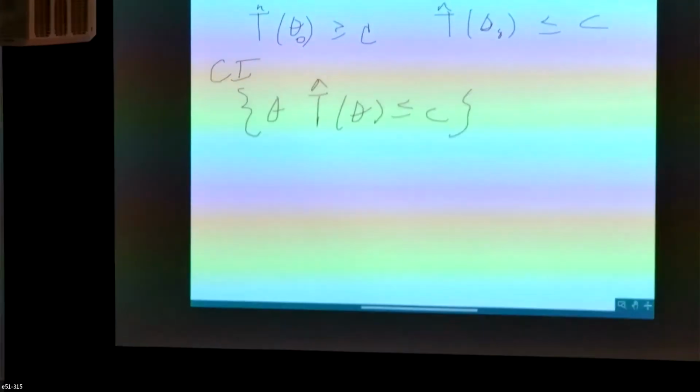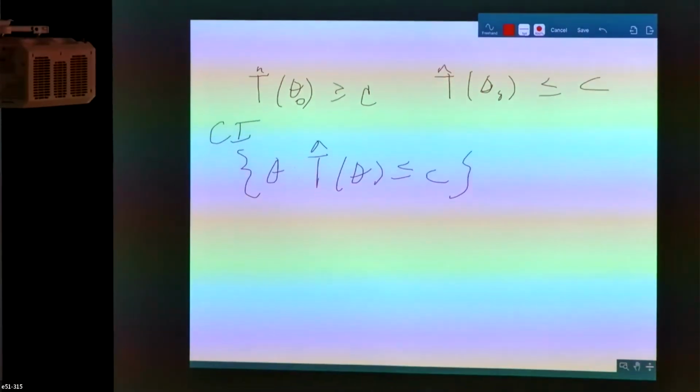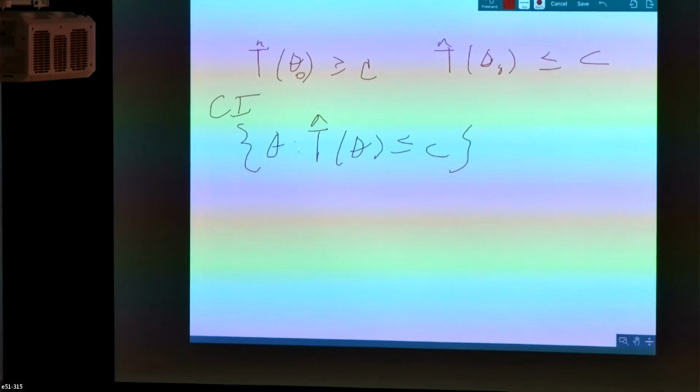So the set of all thetas that are possible true parameters makes the confidence set valid. I can't do that off the top of my head, but that's the idea of inverting a test statistic. Okay. Great. Thanks. Another question?